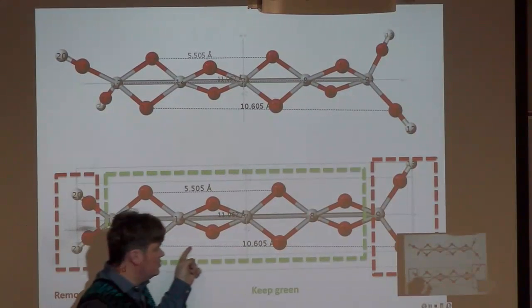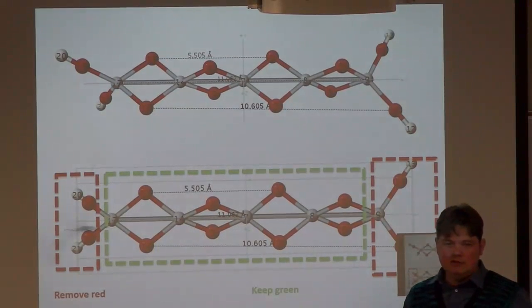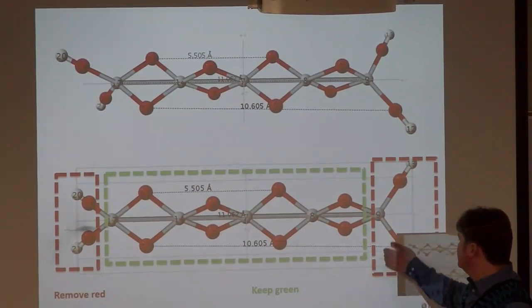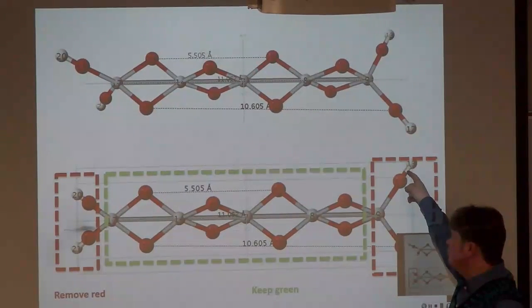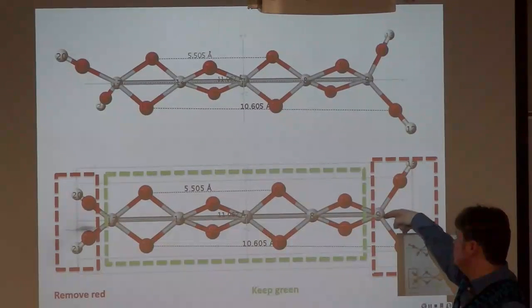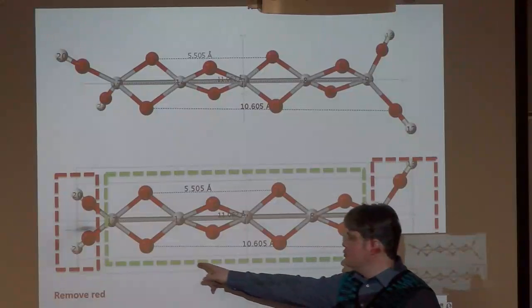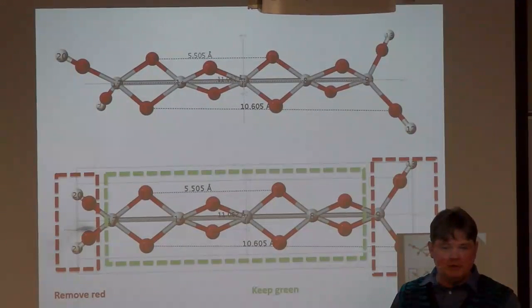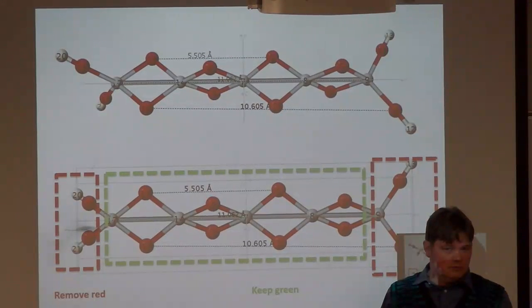And the model that we have up front differs from our desired model by extra terminal things. So we have 4 hydroxyls that we want to cut out and 1 titanium that we want to cut out. So it is shown here what is green should be kept and what is red should be removed. Make sense?